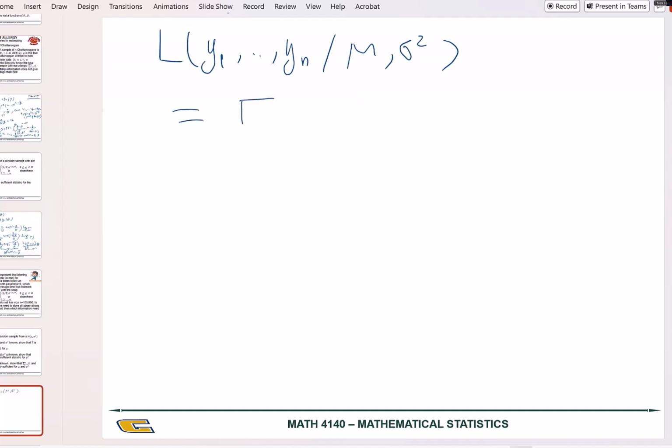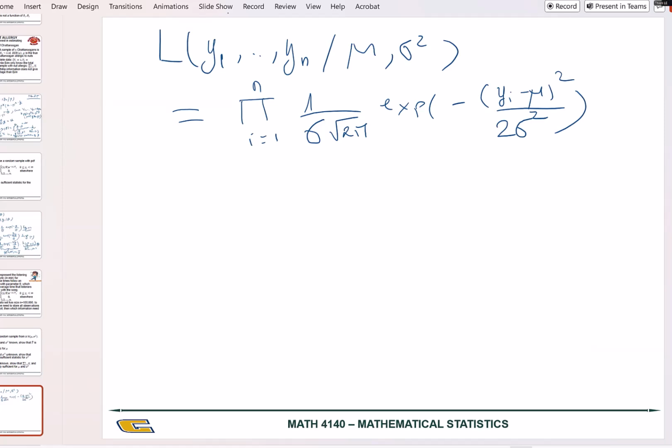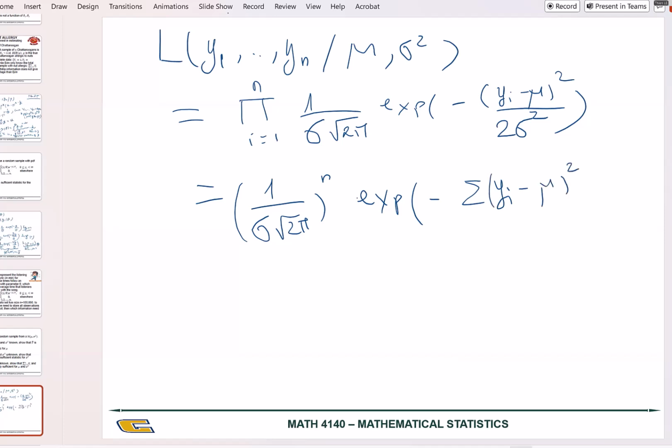So we have the product over i from 1 to n of 1 over sigma root 2 pi, exponential of (yi minus mu) square over 2 sigma square. And then you take the product, so it is sigma to the power n, exponential of the summation of (yi minus mu) square over 2 sigma square.